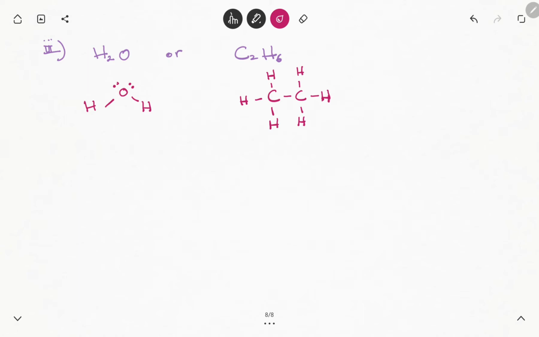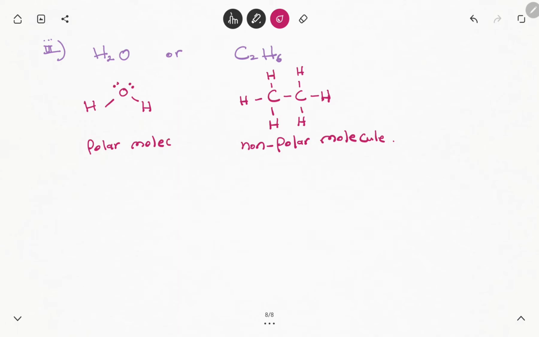So this is slightly polarized, or we call it a non-polar bond between carbon and hydrogen. So C2H6 is a non-polar molecule. And H2O is a polar molecule.